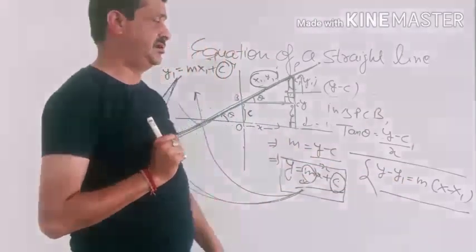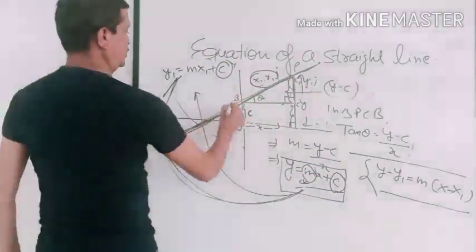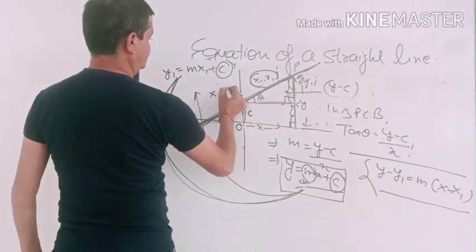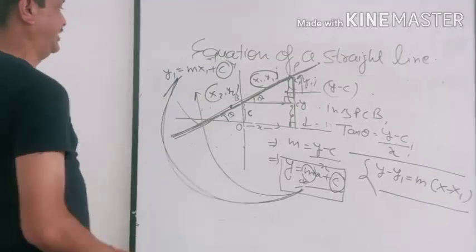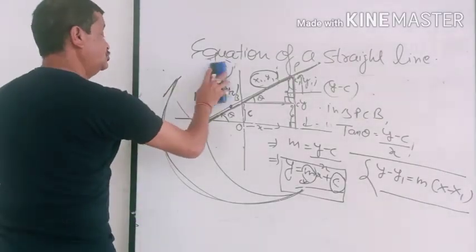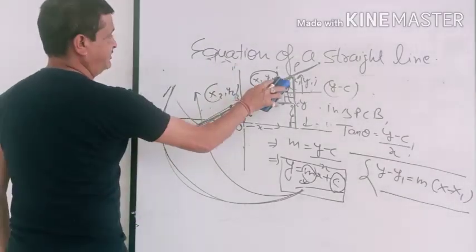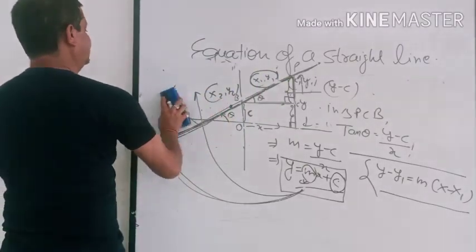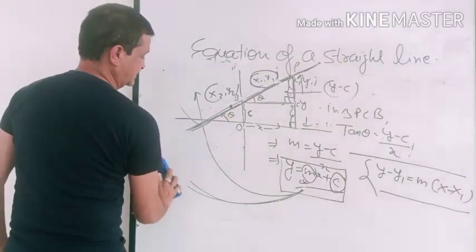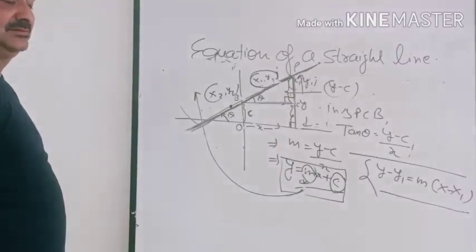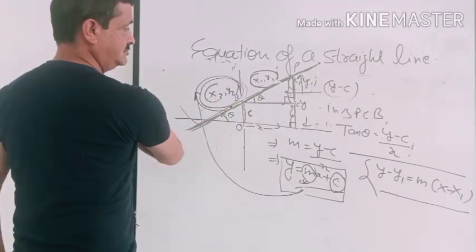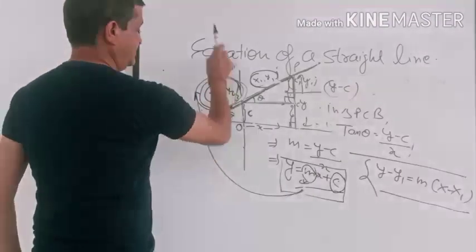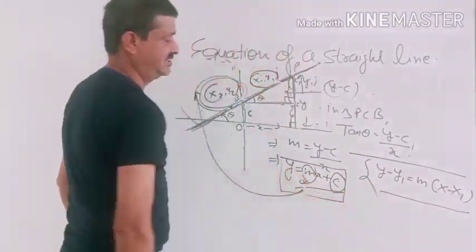Now, suppose you know another point also, x2, y2. You know the points, they are not unknown, as x1, y1 is (1, 2) and x2, y2 may be (2, 5), etc. So what will happen? If this point is also on this line, will this point also satisfy this relation or not?